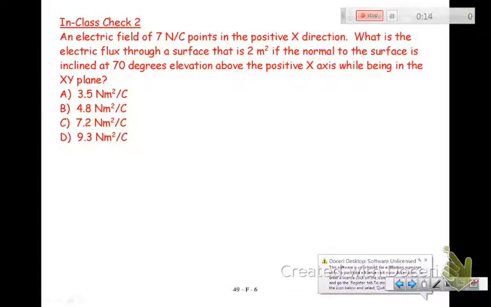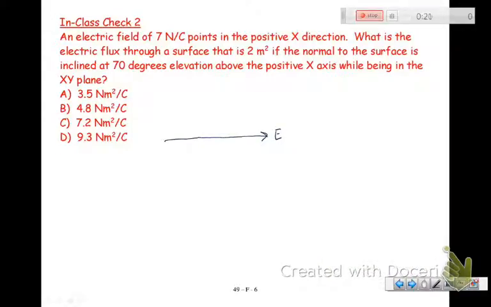So the electric field is there, E, and the normal is 70 degrees elevation above the positive x-axis. Remember that from projectiles, angle of elevation above the positive x-axis?